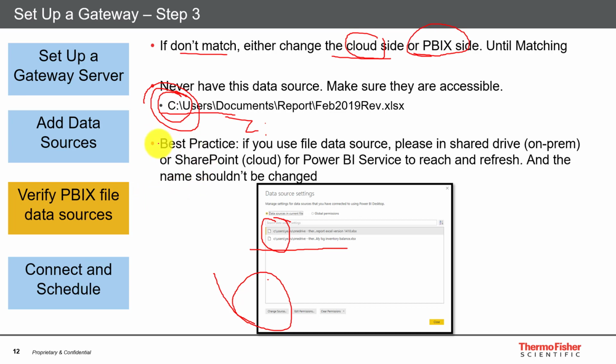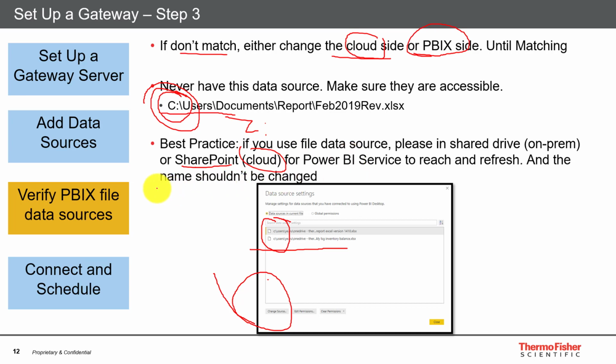And the best practice is, if you are using a file data source, it's highly recommended that you put it in either a shared drive location, which is on premises, a shared folder, or the SharePoint OneDrive, which is a cloud data source, for Power BI to reach that resource and refresh.